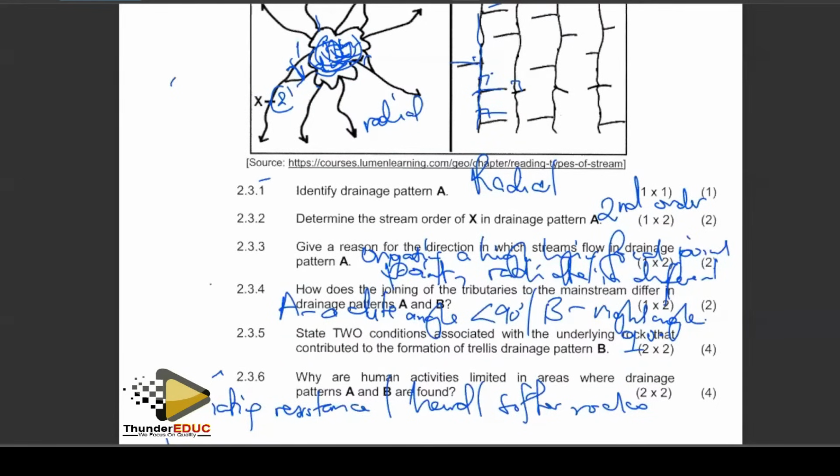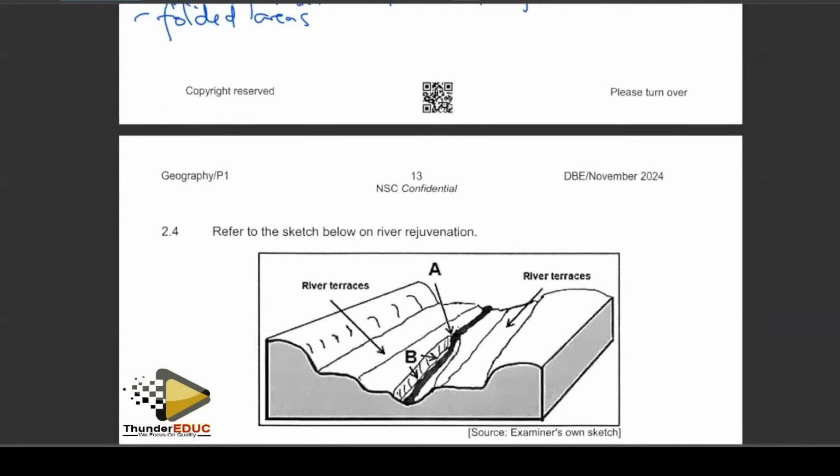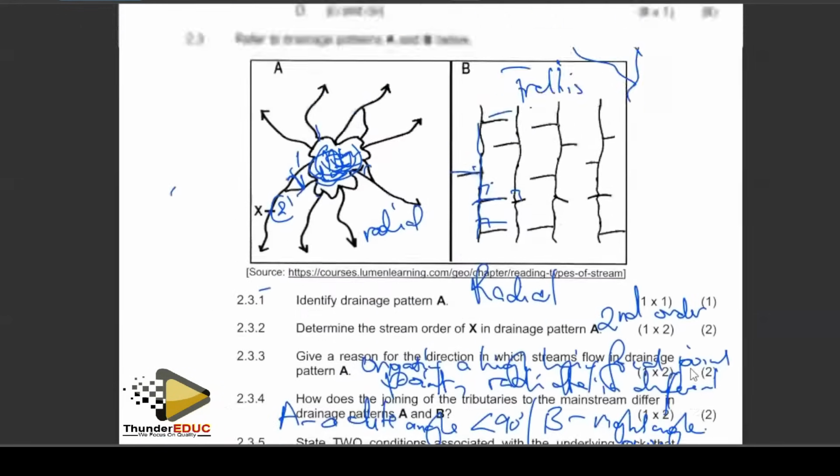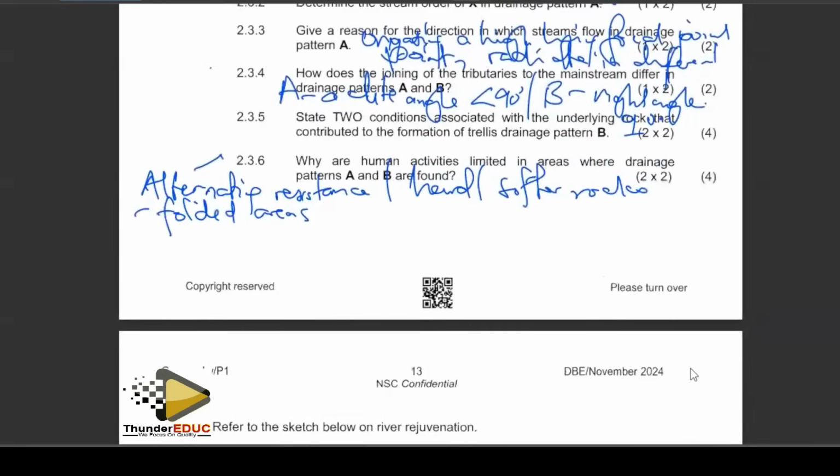In folded areas. Folded areas which are typically exposed to tectonic upliftment. So in folded areas where we have the anticlines and the synclines, we also have trellis forming there.